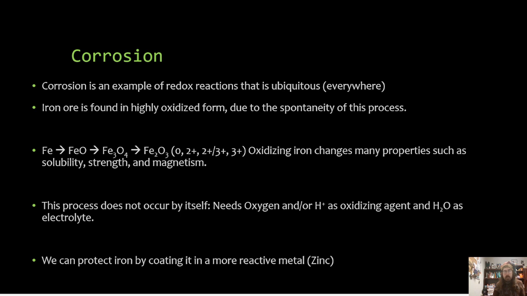But this process does not occur by itself. To corrode, we need oxygen or some other oxidizing agent. Protons can be used, so acid or oxygen are very good oxidizing agents, and we need electrolyte. So dry iron stored in a dry environment is not really going to oxidize.